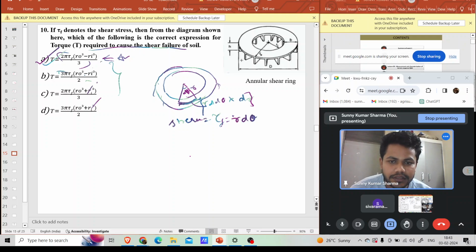r d theta into dr, and the moment arm of tau will be tau F into that area.